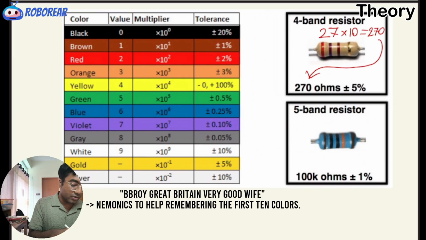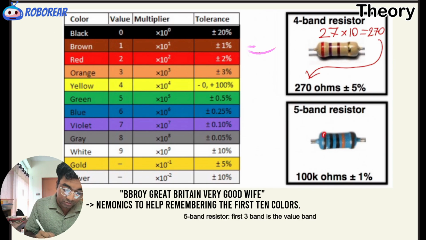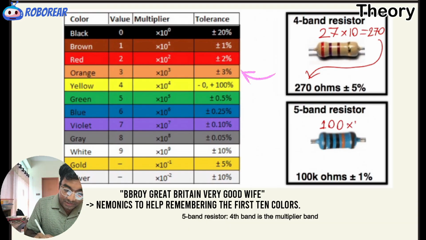Now all the basics are the same. The first one is brown. Brown is 1, and then black, and this one is black. Black defines 0, that means 0, 0. And then orange defines 10 to the power 3, you can see in the color chart.